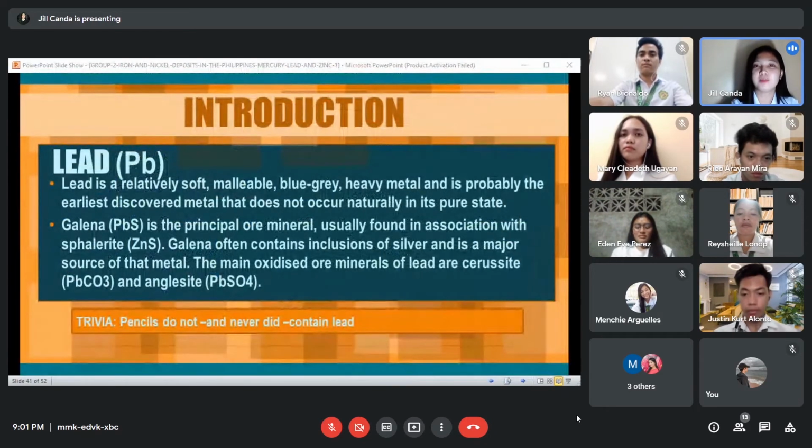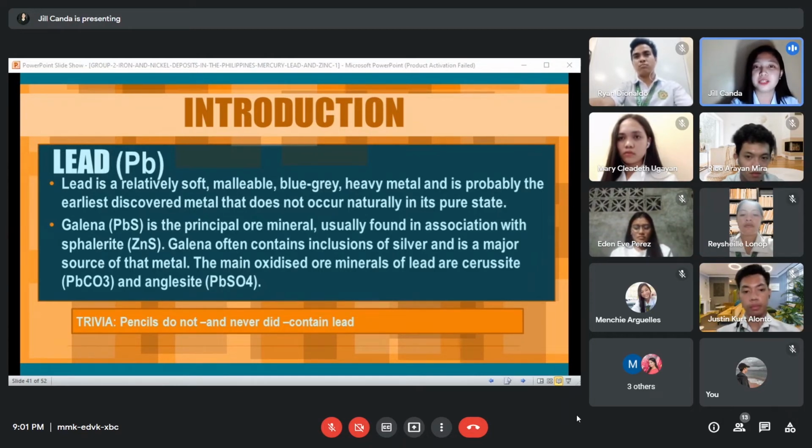Having presented the properties of its principal ores, galena and sphalerite, let's put our focus on lead itself. Just a short introduction to lead. Its Pb symbol originates from the Latin word plumbum, meaning lead, for it was used by ancient Romans in the making of water pipes.